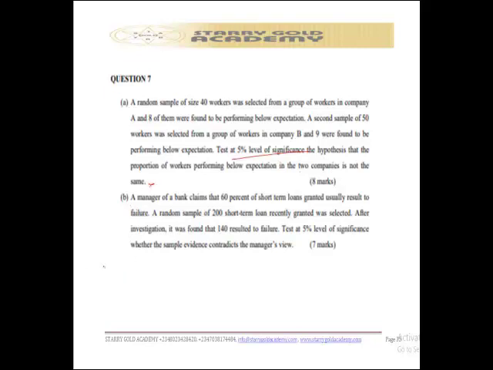So in this scenario, our n, the total number of workers, is 40. Our H0 is that the proportion of performing workers is the same, P1 is equal to P2, that is PA equals PB.